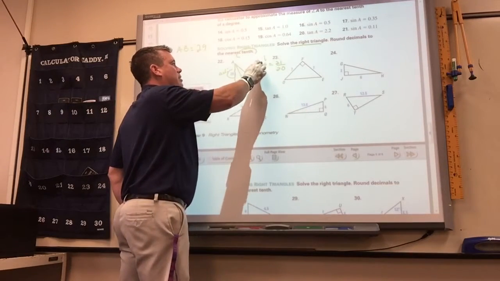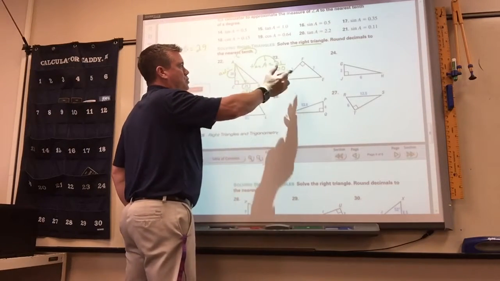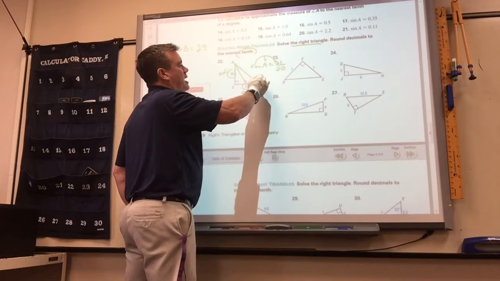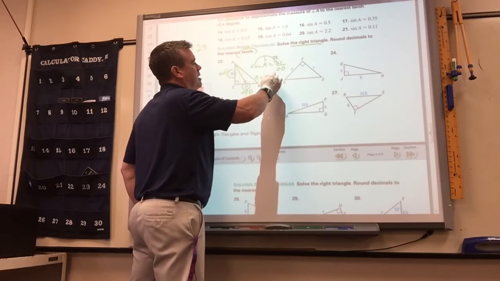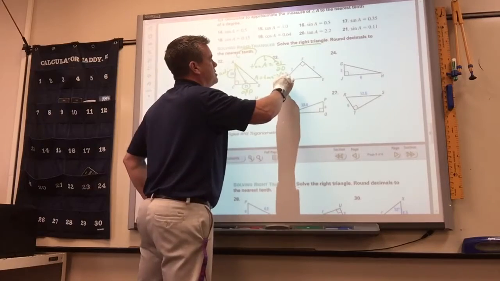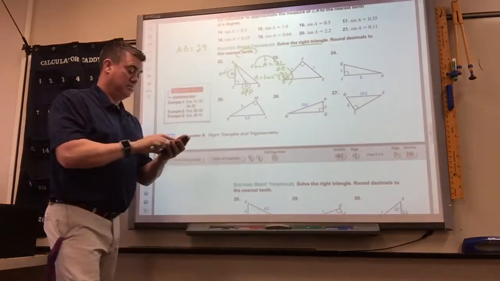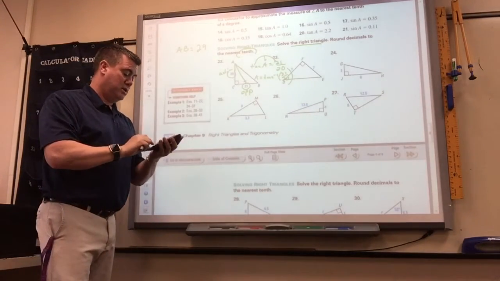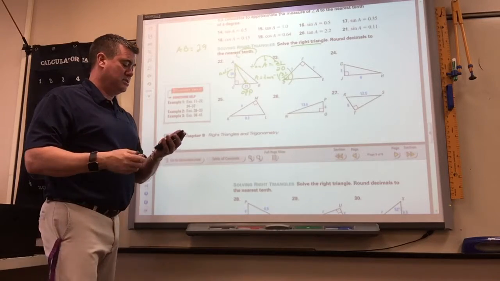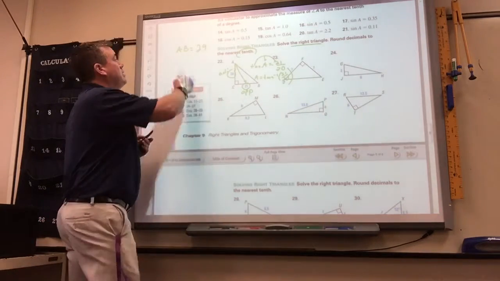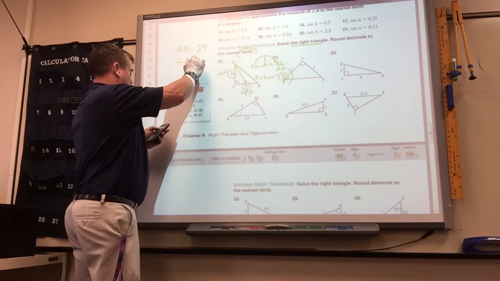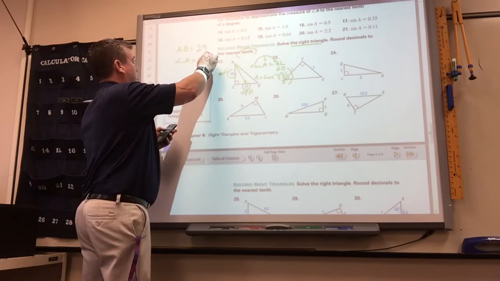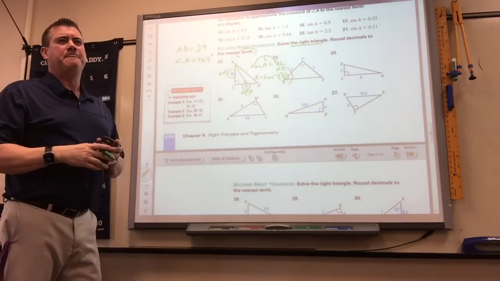So to figure out what angle A is, you got to move the tangent over. That's where you use the inverse key. So A equals tangent inverse of 21/20ths. So 21 divided by 20, and then the tangent inverse of that is 46.39, which we'd round to 46.4 degrees. So you need to find the other leg and then both the angles?